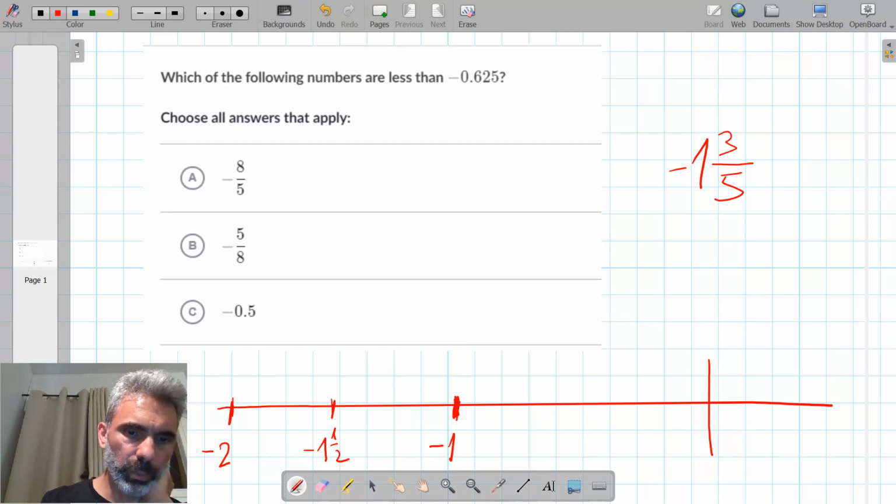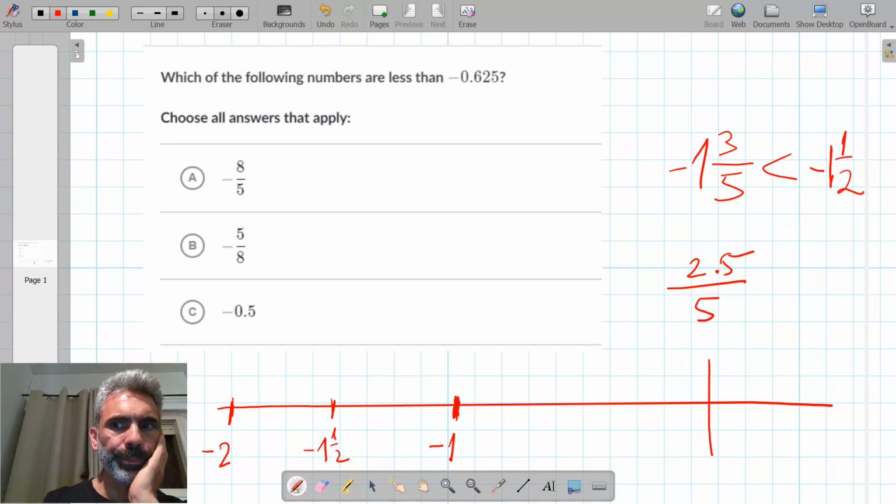It's less than minus 1.5, because 3/5 is more than 2.5 over 5. If it was 2.5 over 5, it was exactly half. But since we have 3/5, it's more than 1/2. So it tells me that minus 1 and 3/5 is somewhere here. So this is point A.